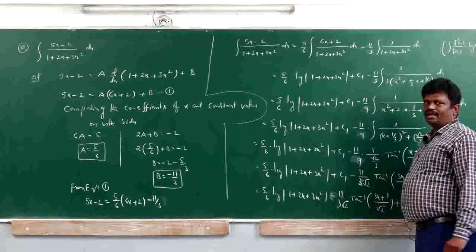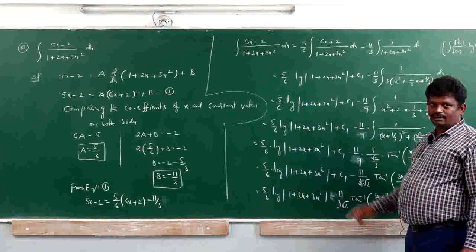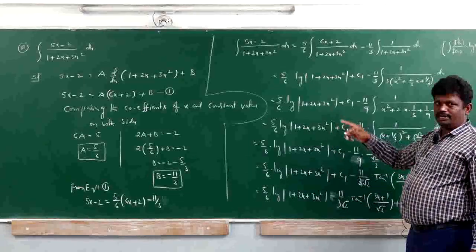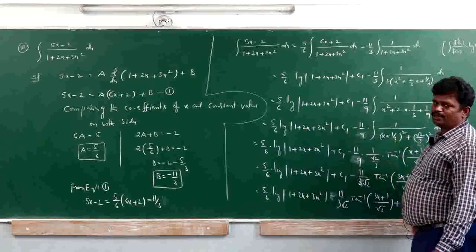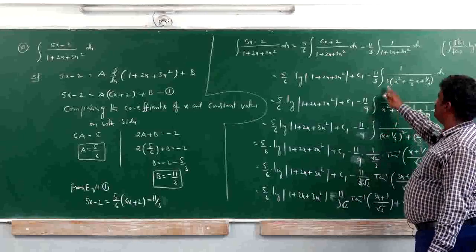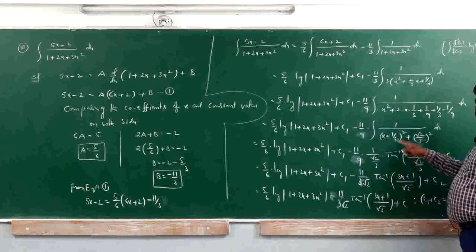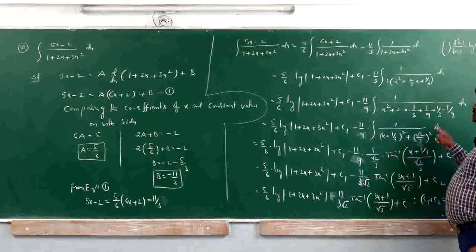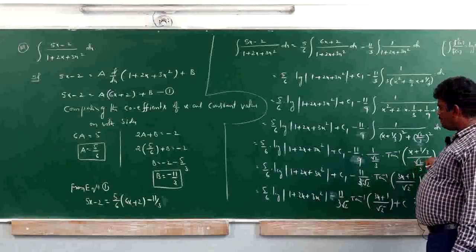Now this value we convert into perfect square form. For the CET or JEE concept there is a shortcut method, but in the board exam we must apply this method only, for the perfect square. So first we take 3 common, then convert to the perfect square formula: integral of 1 by x square plus a square dx equals 1 by a into tan inverse of x by a plus c.